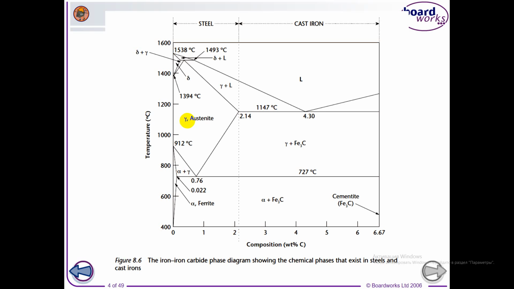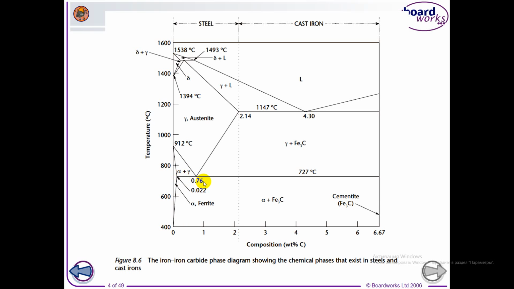However, gamma austenite starts to form in alloys containing 0.76% carbon, as a phase of alpha plus gamma is present on the left-hand side of the phase diagram.